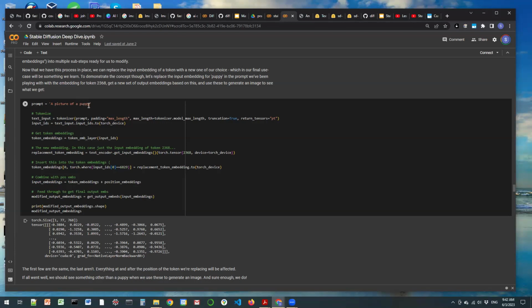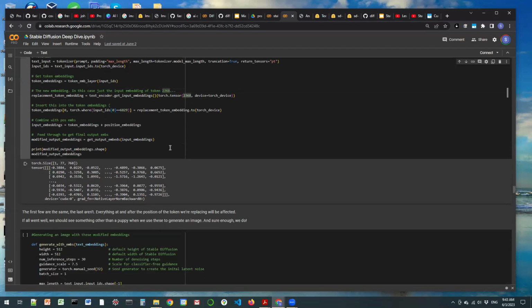Instead of the encoding for a puppy, he is now putting in an input embedding of token 2368. Instead of 6829, which is puppy, he puts in 2368. So he's changing the embedding corresponding to 6829 to 2368.